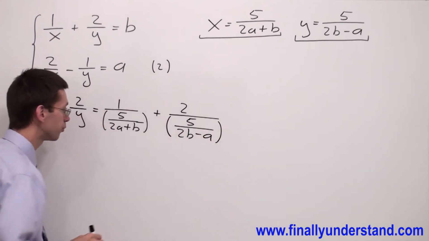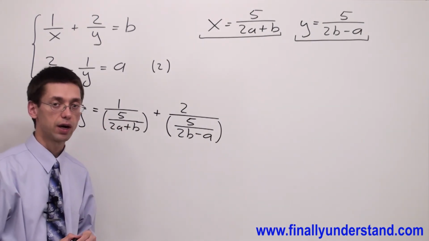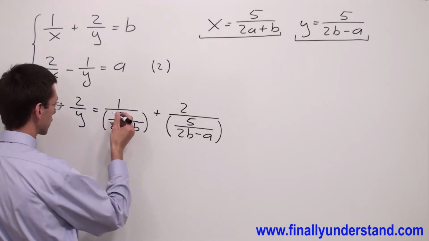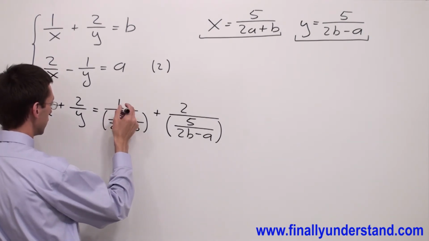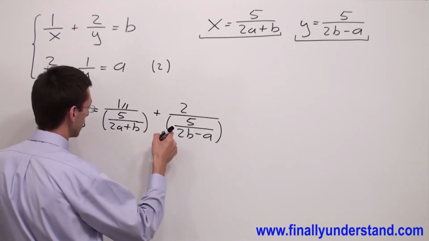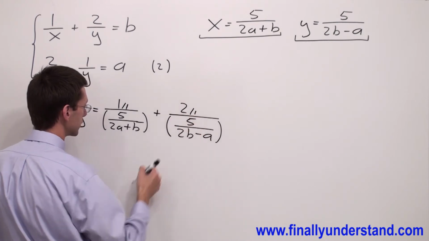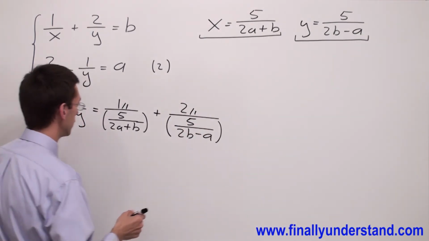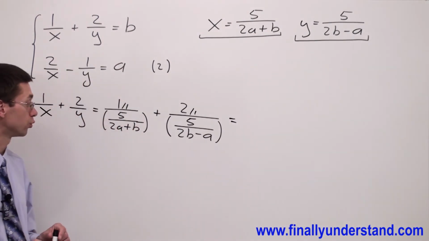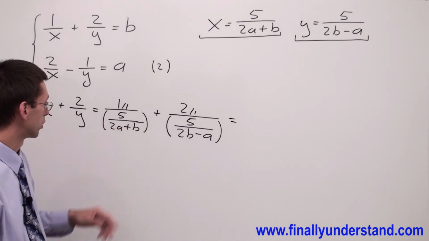Okay, please keep in mind that in the denominators we have fractions. So if I have a fraction in the denominator, I'm going to make also a fraction in the numerator. So 1 over 1 is going to be my fraction in the numerator, and 2 over 1 is going to be the fraction in my second numerator. Now, remember, anytime you divide fractions, you're supposed to change division to multiplication and find the reciprocal of the second fraction.